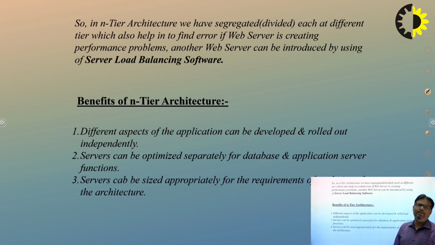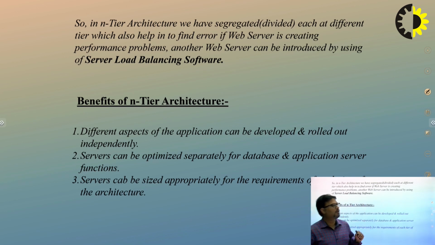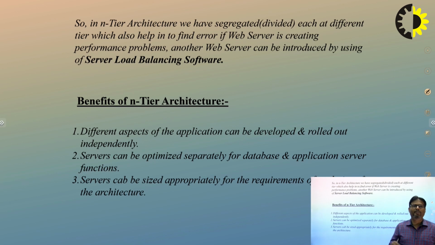So in n-tier architecture, we have segregated and divided each tier, which also helps in finding errors. If a web server is creating a performance problem, another web server can be introduced using server load balancing software. So we have multiple benefits if we use n-tier architecture.